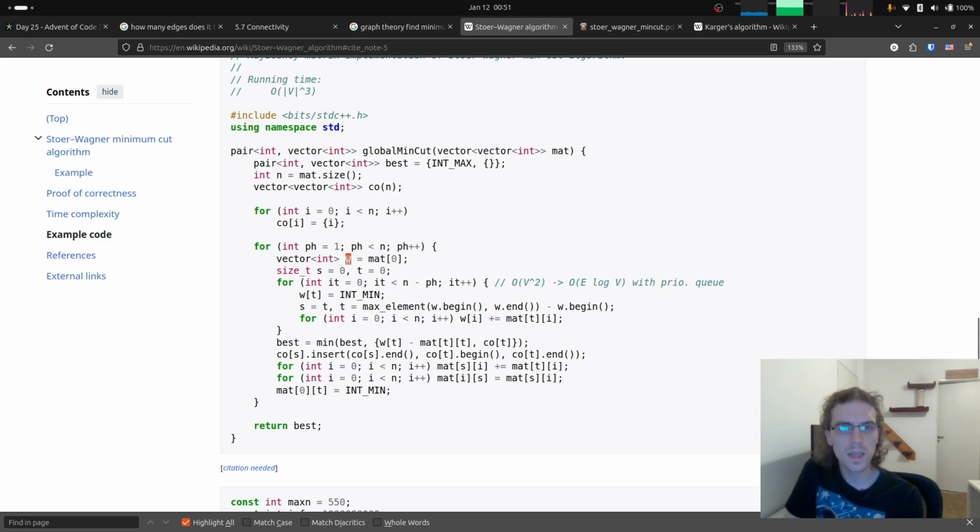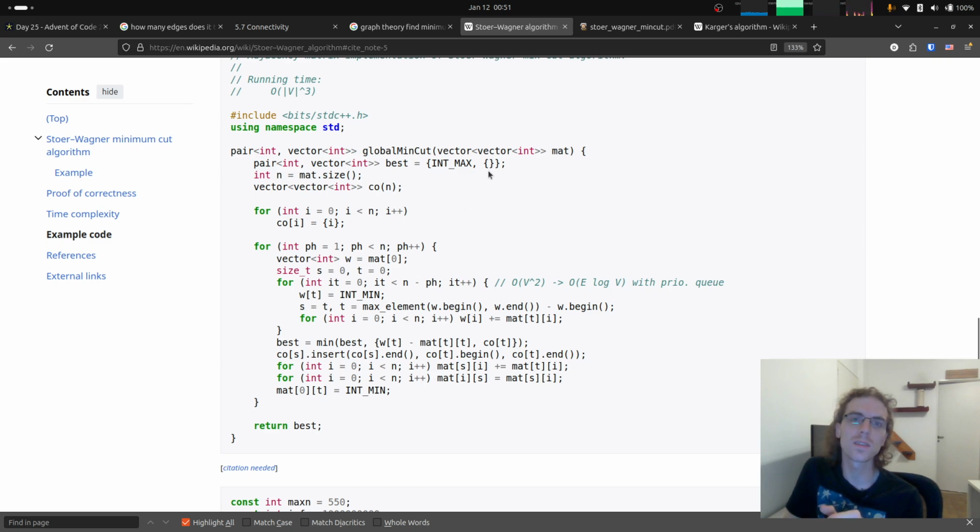This would be the vector of weights, and I see that the vector of weights is modified. It's interesting. This is very concise, but I think I can probably understand what it does, and even if I can't, I can just copy.